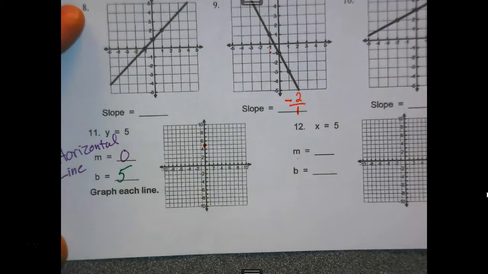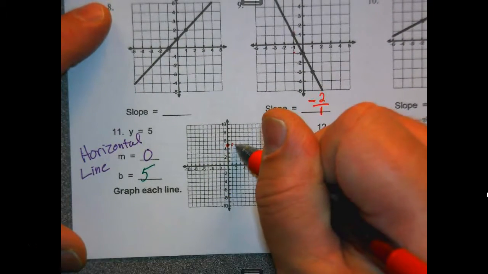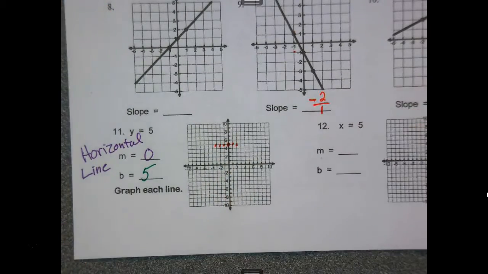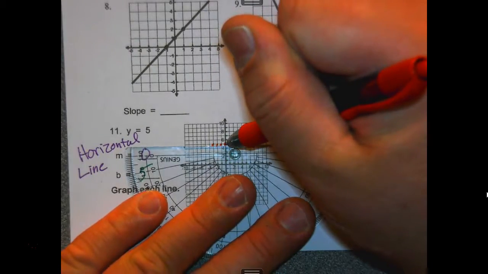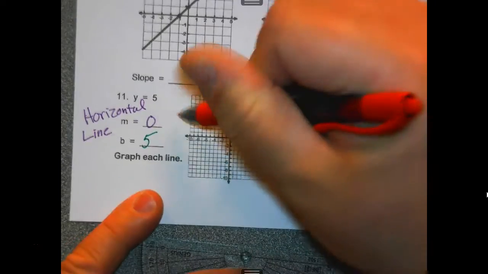So here's my y-intercept, which means a horizontal line is going to have every y value of 5. So my line is a horizontal line going through y equals 5.